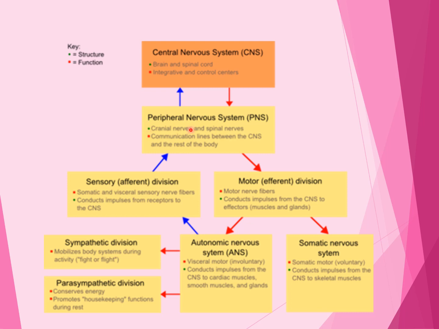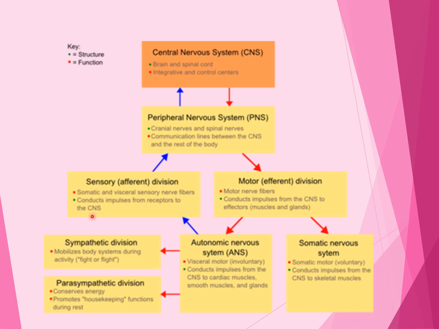Now, what are the parts of the peripheral nervous system? The peripheral nervous system consists of two parts, sensory division or afferent division and motor or efferent division. Now the central nervous system collects the information from the environment and from the visceral organs through the sensory division.